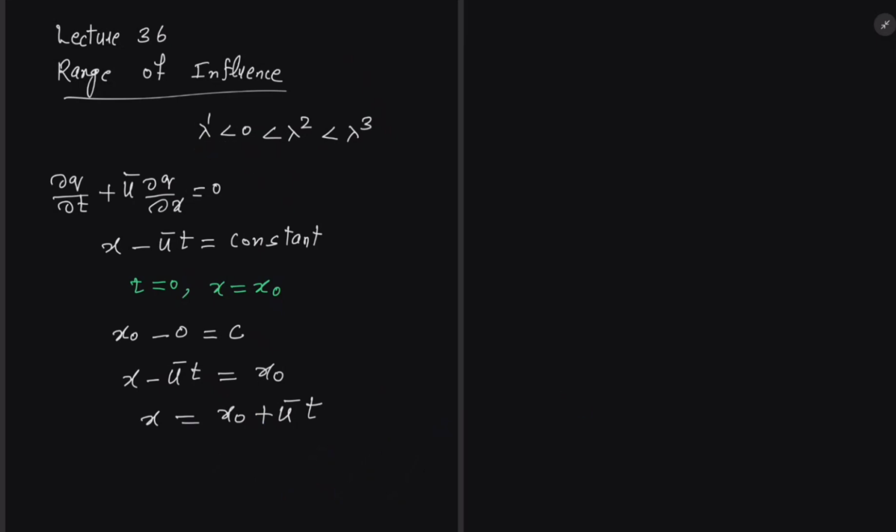Here, the first characteristic is, for example, x minus lambda 1 t is equal to constant. And we remember that lambda 1 is less than 0. So, in the same way, from x minus lambda 1 t, we get x naught, with the same procedure that I did over here. We follow the same for eigenvalues.